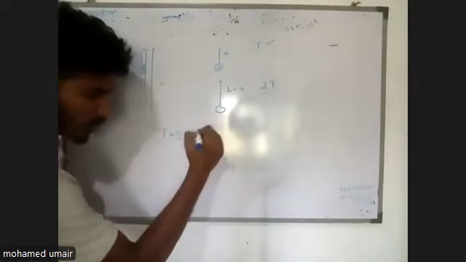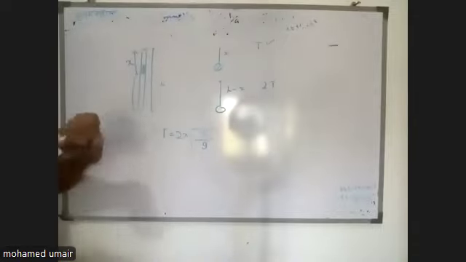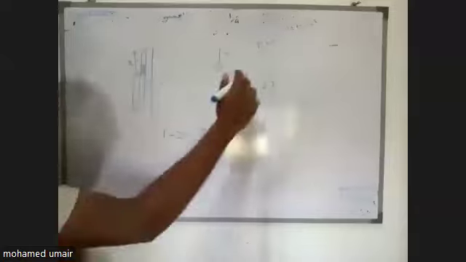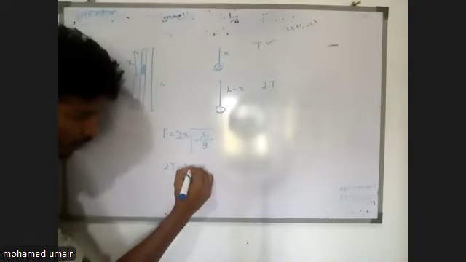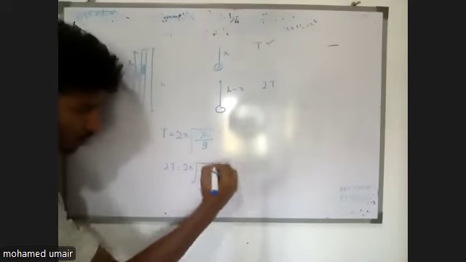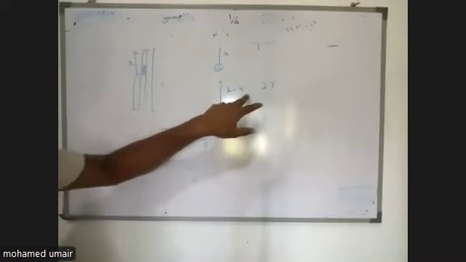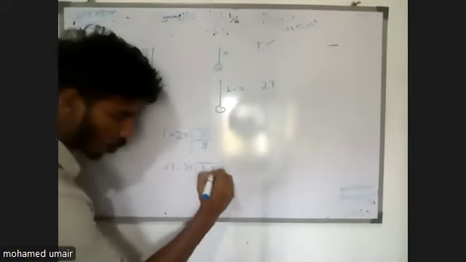So the length of the string is x, giving T equals 2 pi square root of x over g. Using this, let's write another expression. The periodic time is 2t, so it is 2 pi square root of L minus x over g, where L minus x is the length of the string.